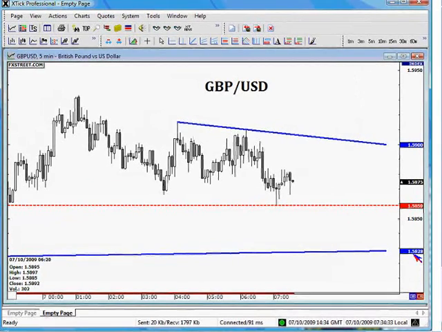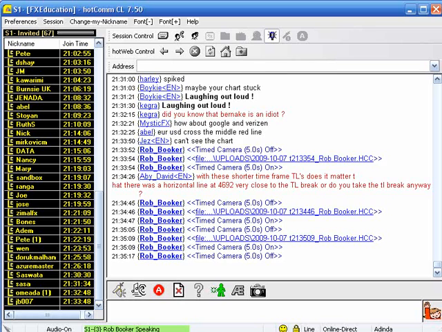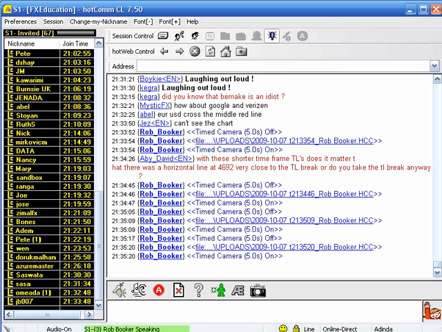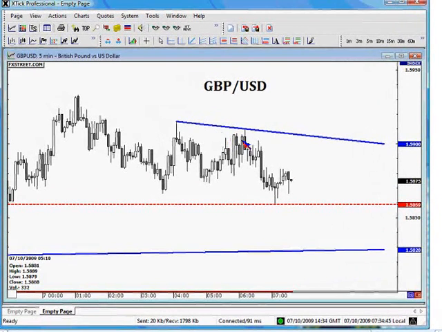AB says, with these shorter time frame trend lines, does it matter that there was a horizontal line at 46.92 very close to the trend line break? That is actually a fascinating and interesting perplexity. Yes, it would matter, AB. That would matter a lot.